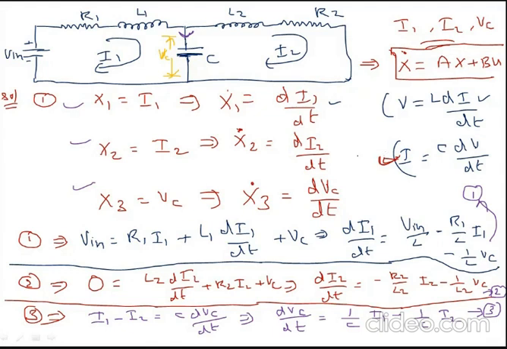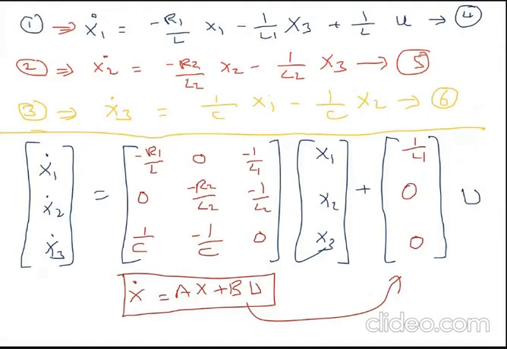After that you will get the three equations. You just rearrange those three equations in terms of your given state variables, then replace those state variables with x1, x2 and x3, and finally the last step is to represent those three equations in matrix form.